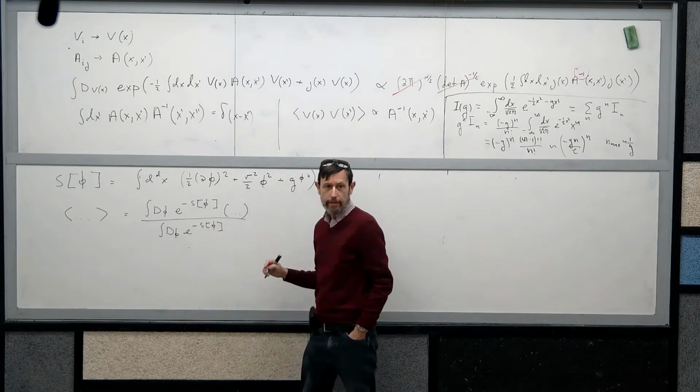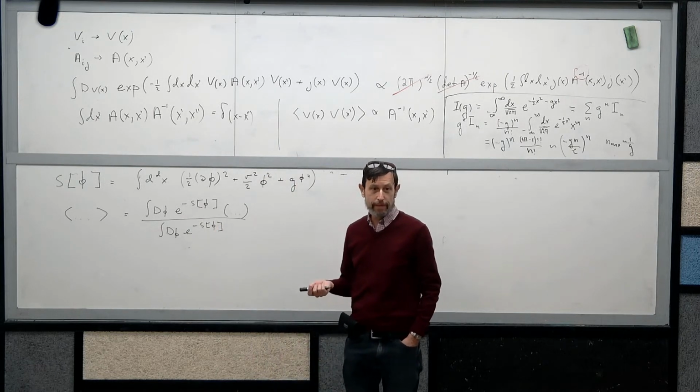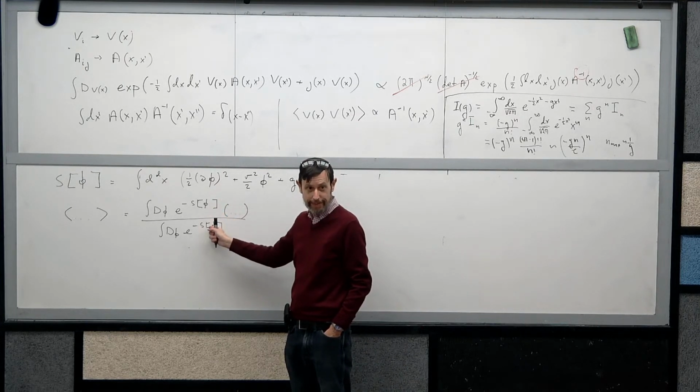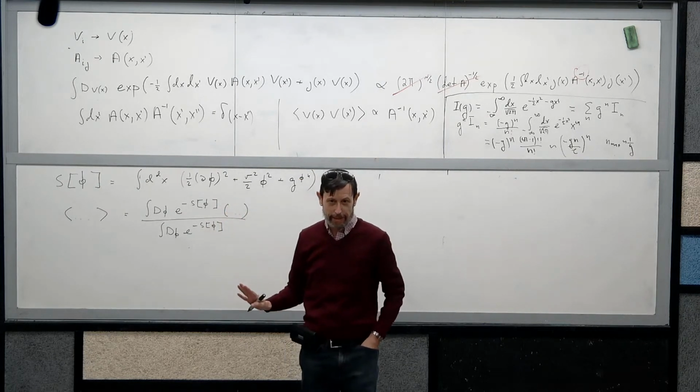Okay, and well, I'll go back to statistical mechanics. E to the minus beta E divided by Z. Exactly the same idea.